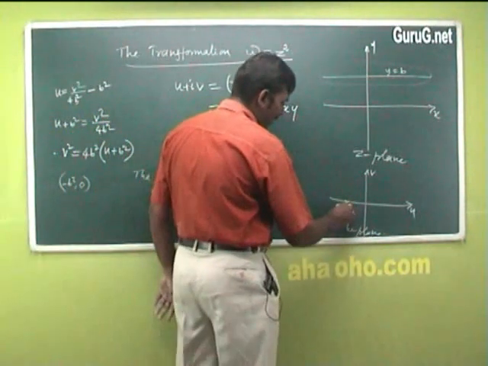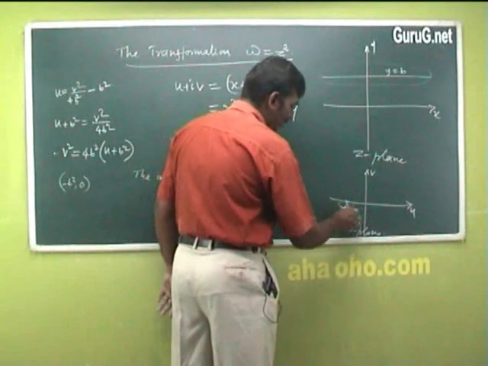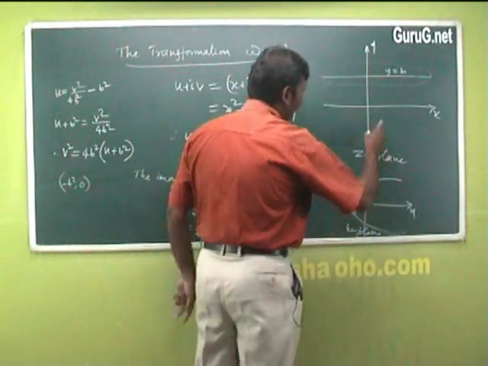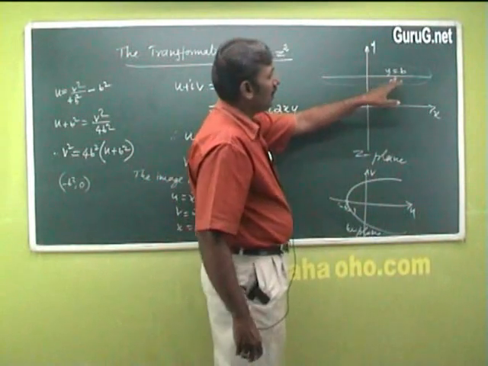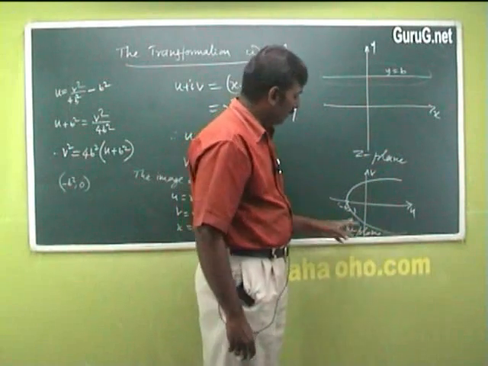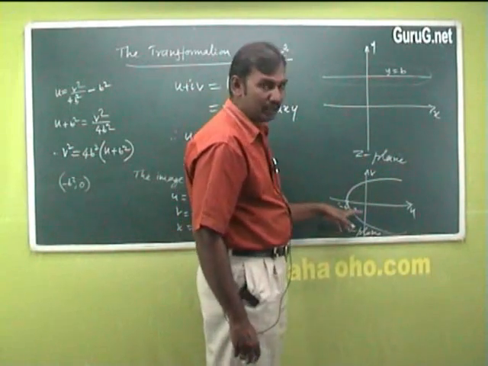Suppose this is minus b squared comma 0. The image of a line parallel to x-axis is given by a parabola with vertex minus b squared comma 0.